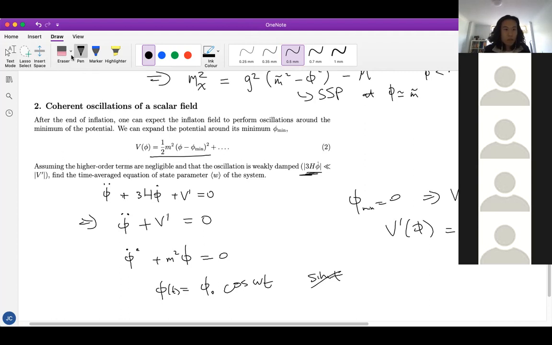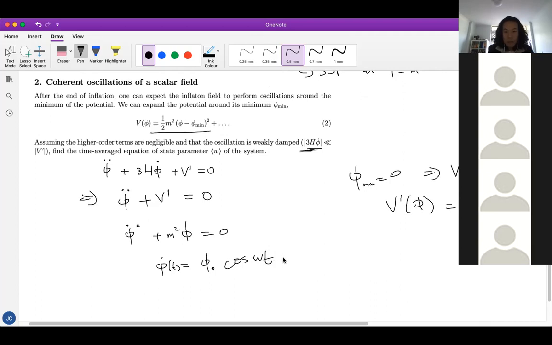So you can just only use the cos component. Actually, this omega is kind of a notational convention to call it a frequency, but actually it's just the mass, cos mt. So omega equals m.